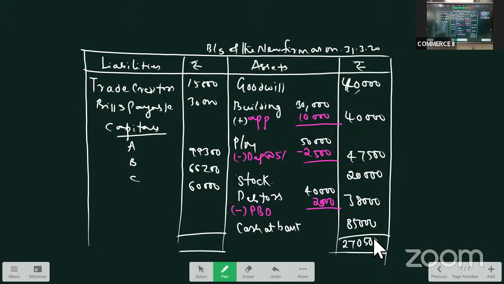Here also the total is 2,70,500. Okay. So this is how we are done with the third problem.